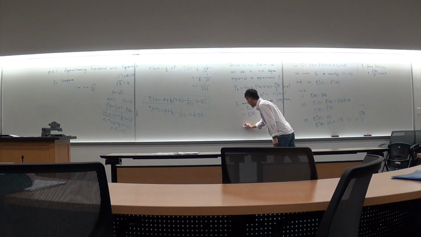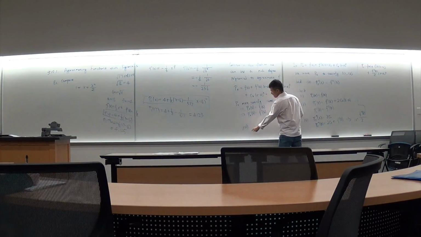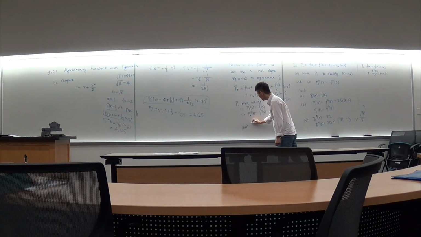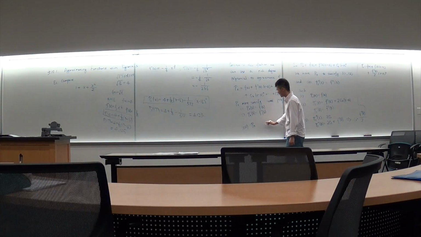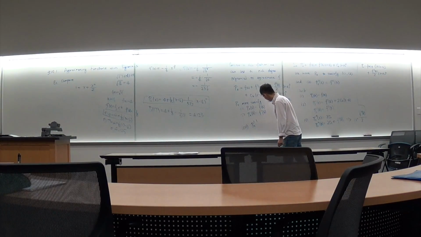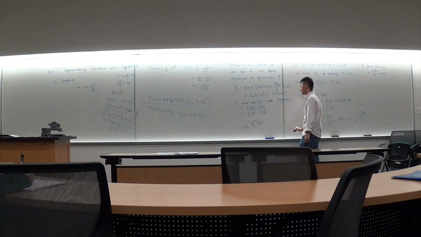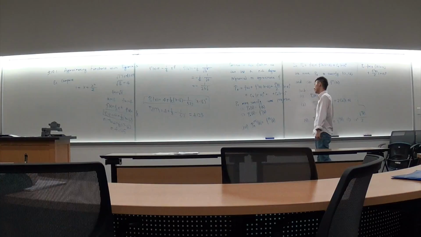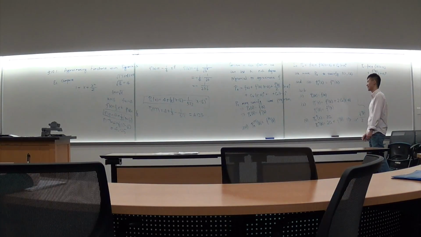Now, what's the n plus 1 condition for this polynomial P sub n? The nth derivative of Pn at a should be equal to the nth derivative of f at point a.